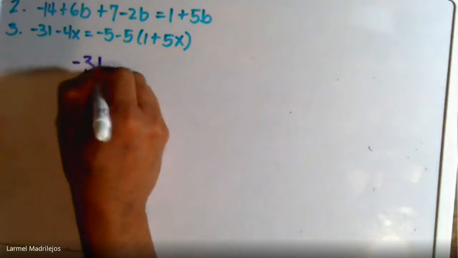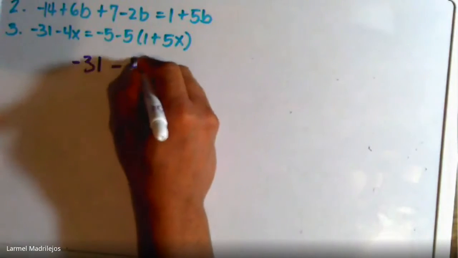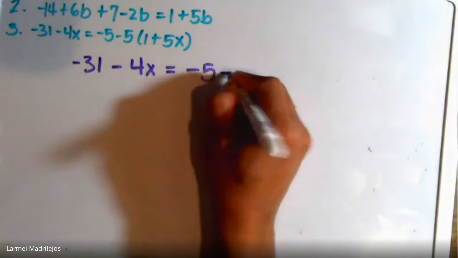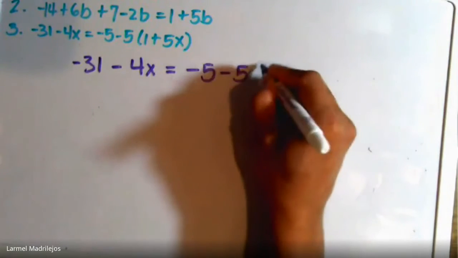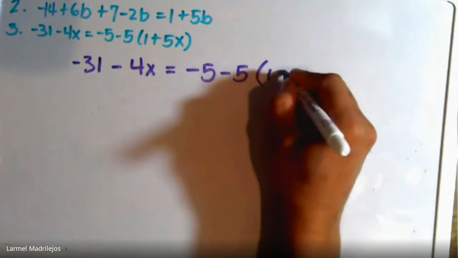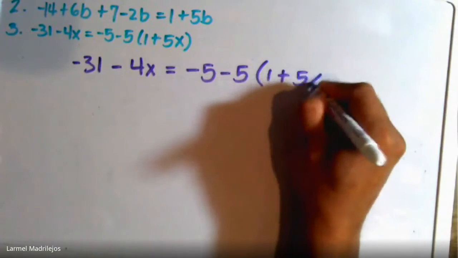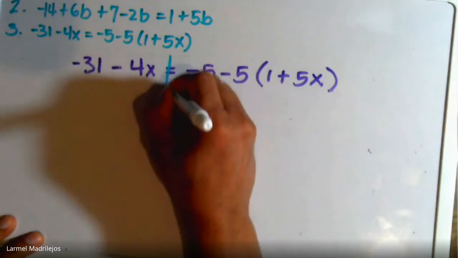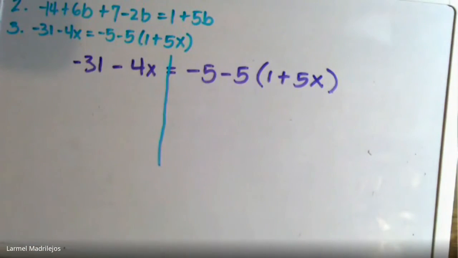Negative 31 minus 4x is equal to negative 5 minus 5 parenthesis 1 plus 5x. So first step, draw that fence there. That's the first step. Second step, I'm going to start with the equation looks messy.